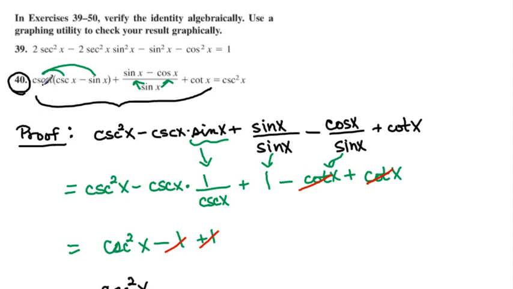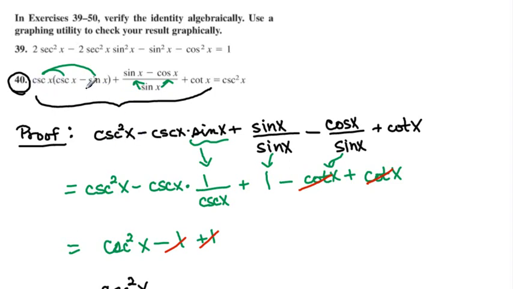So number 40 is cosecant x times cosecant x minus sine x, plus sine x minus cosine x over sine x, plus cotangent x, is equal to cosecant squared x. Okay, so we want to start with the left side, and the first thing you want to do is distribute to clear the parentheses. So cosecant x times cosecant x is cosecant squared x.